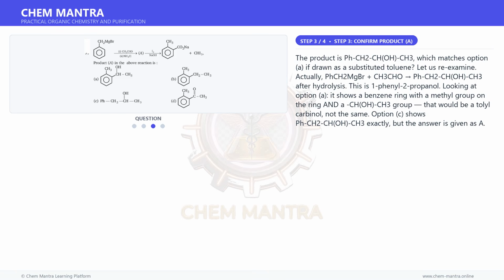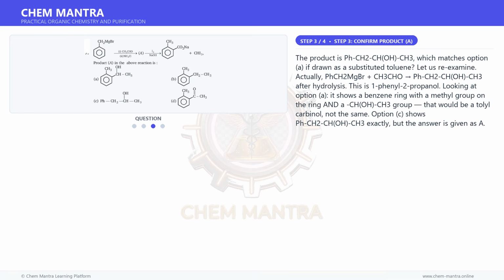The product is PhCH2CH(OH)CH3, which matches option A if drawn as a substituted toluene. Let us re-examine. Actually, PhCH2MgBr plus CH3CHO gives PhCH2CH(OH)CH3 after hydrolysis.